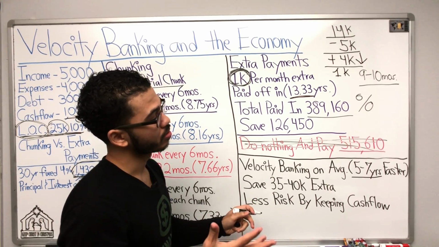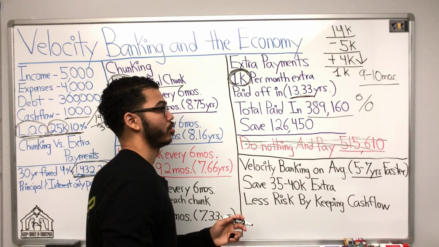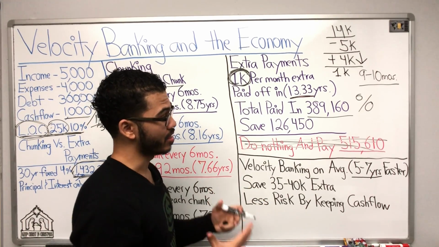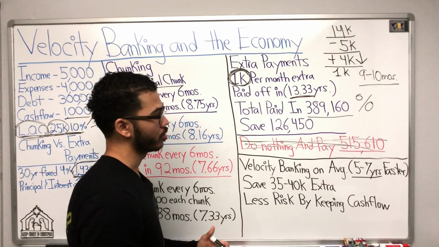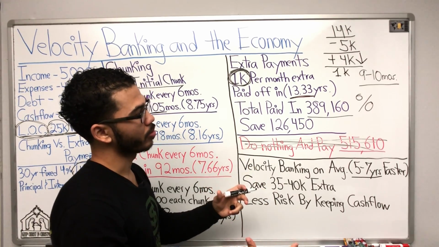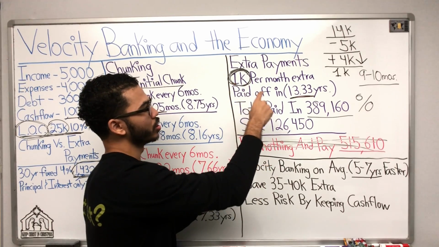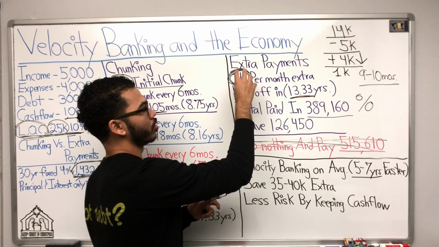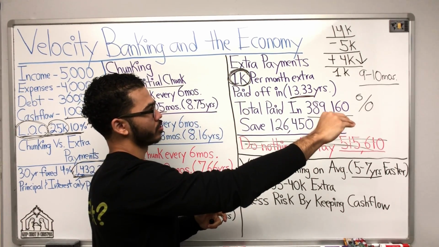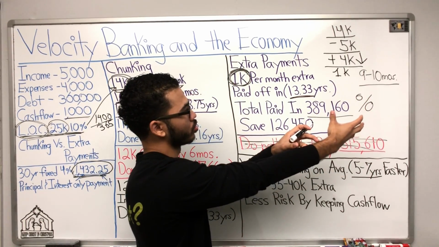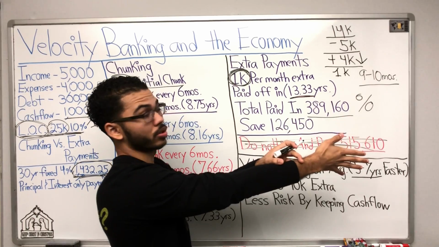Some mortgages are different than others, but I think for the most part, mortgage companies will not allow you to just put 1,000 straight towards principal. Some of that will have to go towards what? Interest.